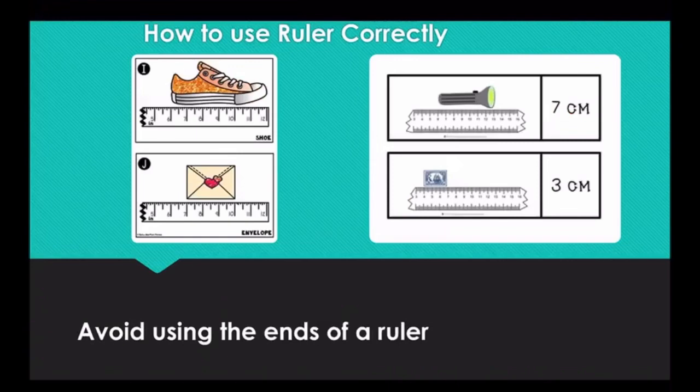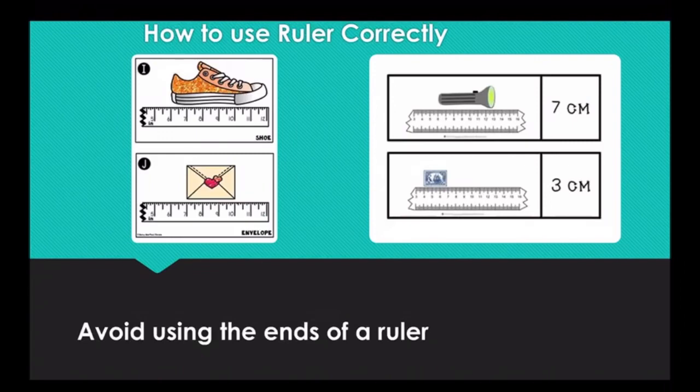So it is always suggested that you start measuring the length not from the 0 point, but from 1 point after. You can see in the picture here, the shoe is measured from 6 till 12.